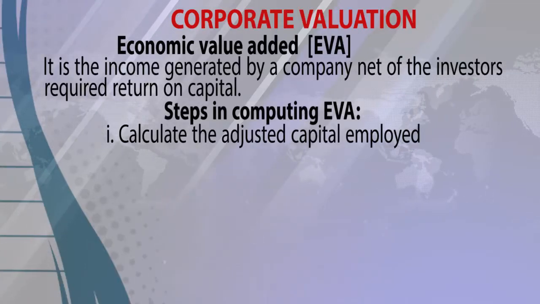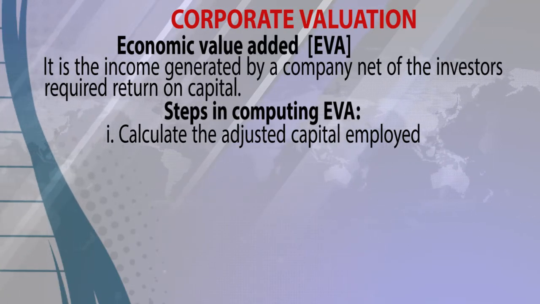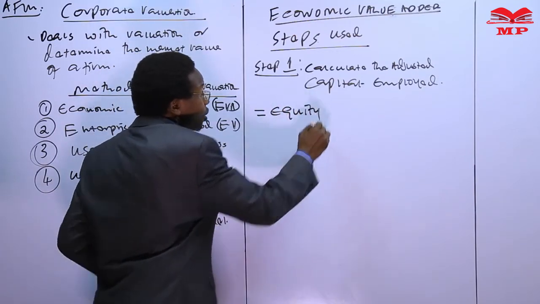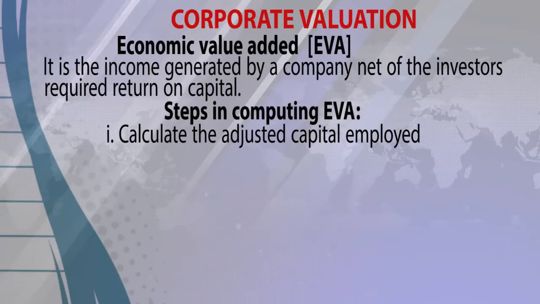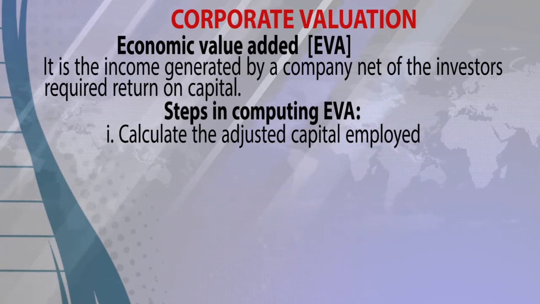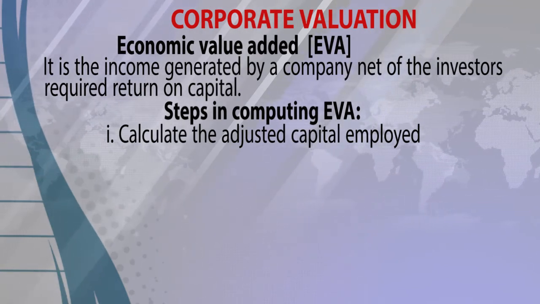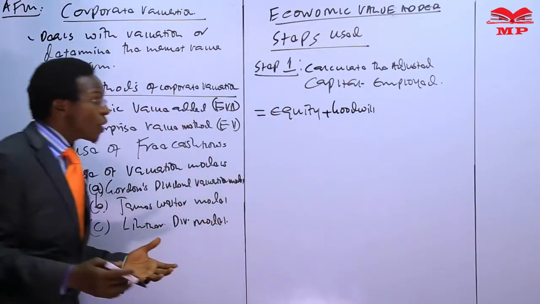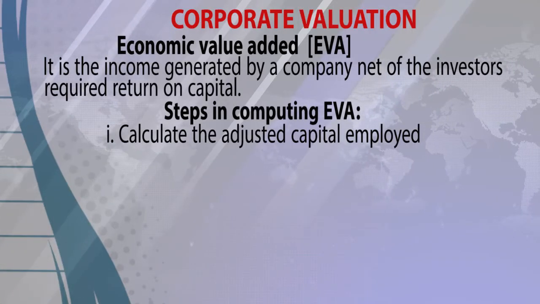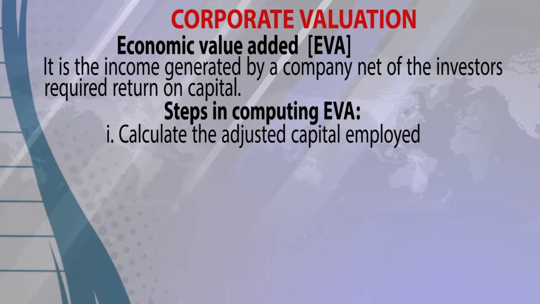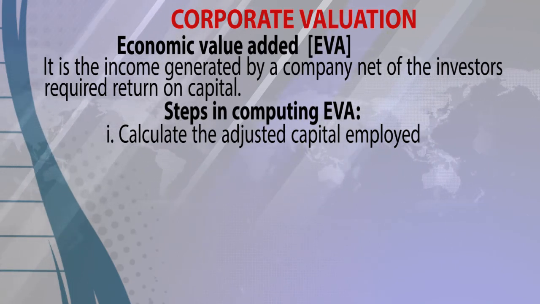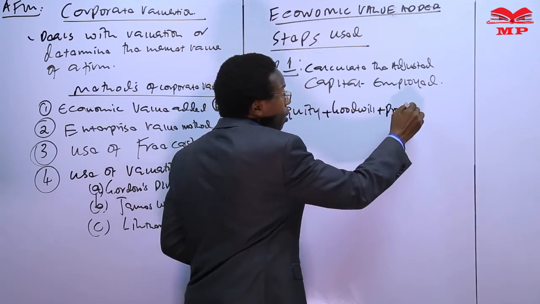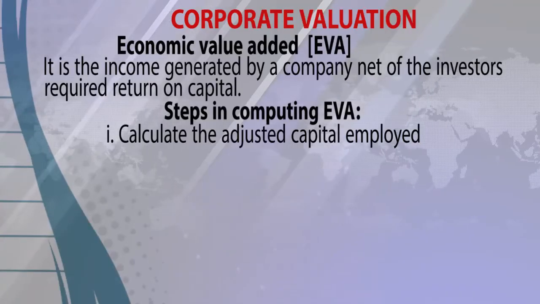What is this adjusted capital employed? The adjusted capital employed is equal to equity, that is the ordinary shares and reserves, plus the goodwill. Remember, goodwill can be purchased, or goodwill can be valued. You also add provisions, like depreciation provisions or provision for bad and doubtful debts.